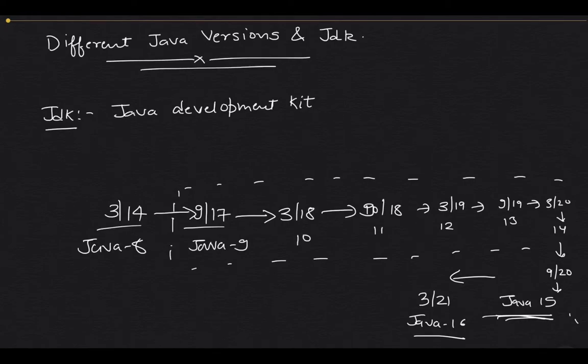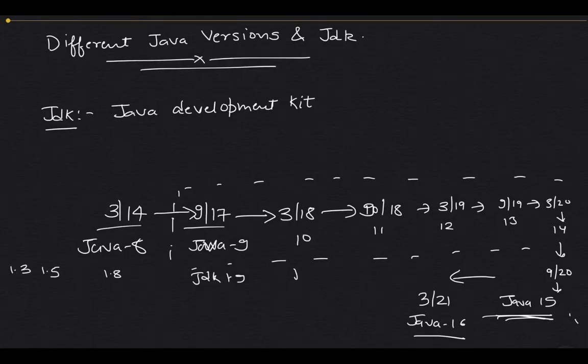So there's a JDK for, similarly, when a new Java version gets released, we get a new JDK, 1.9, not 1.9 because the versioning has been changed. Before Java 9, the versioning was 1.8, and Java 5 was 1.5, 1.3 for Java 3.